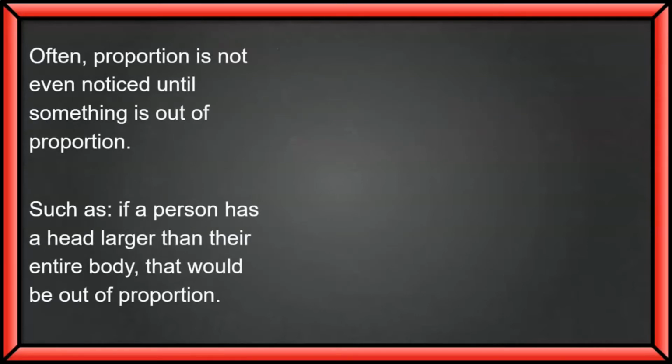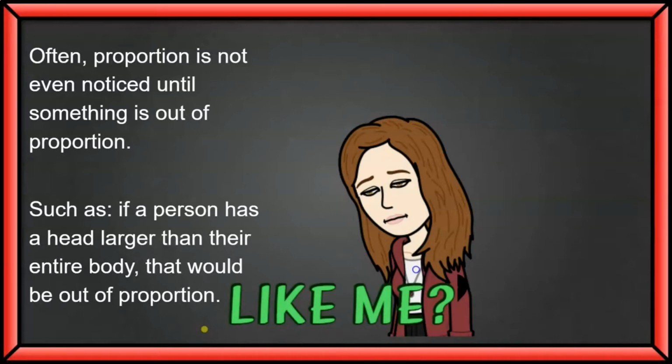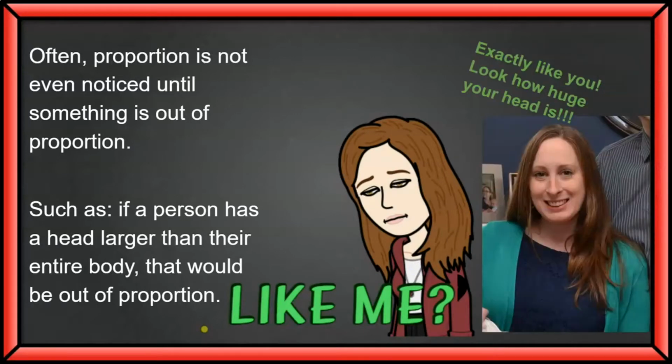Often, proportion is not even noticed until something is out of proportion, such as if a person has a head larger than their entire body. So we can see that the head on the Bitmoji is way bigger than the body, but the actual photograph is in proportion and the head is not bigger than the entire body.